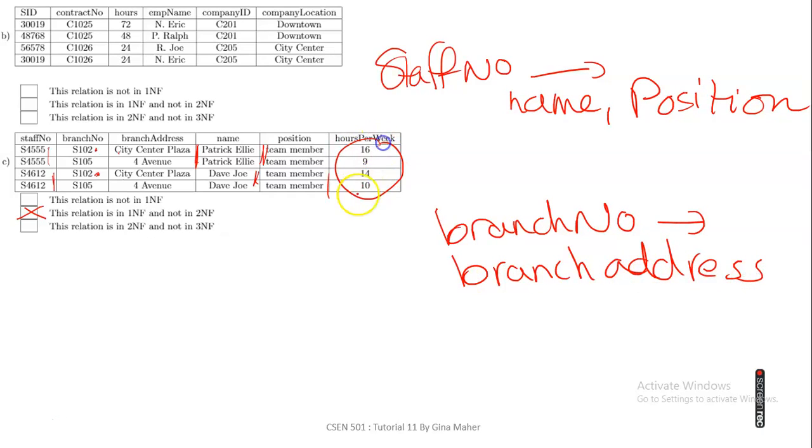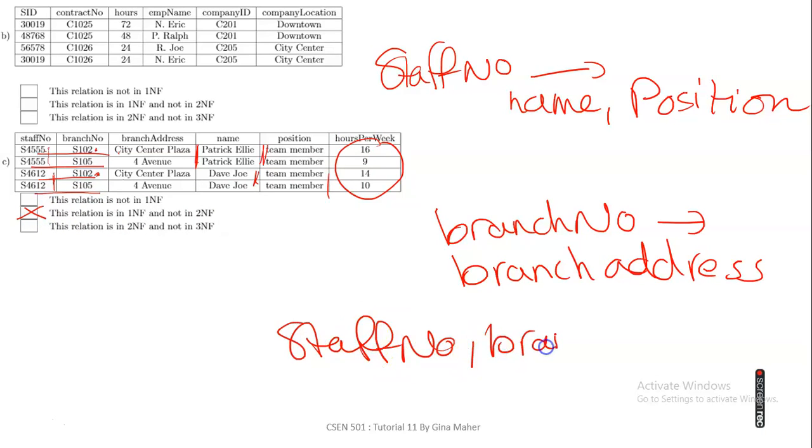The hours per week can be deduced from both of them together, because both will form a unique key together. So in this case, staff number and branch number can get the hours.